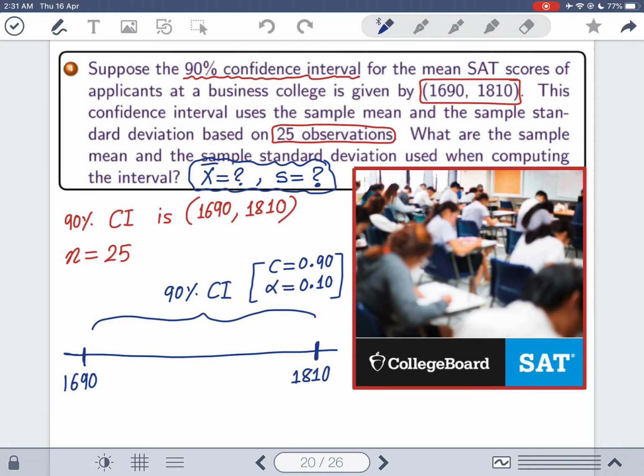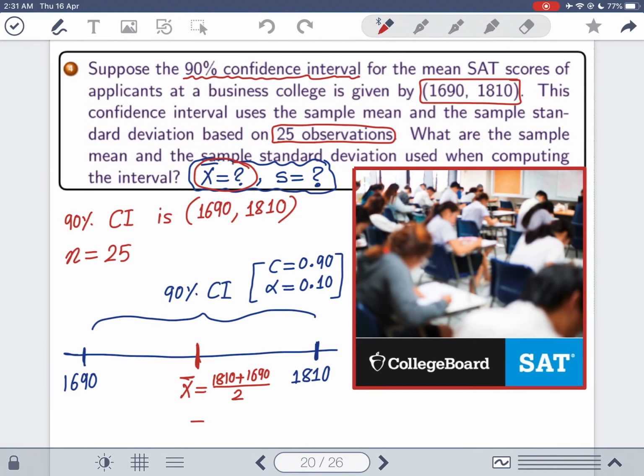Okay, and now remember, they want first the sample mean. Remember, the sample mean is always in the center of the confidence interval. This is X bar. We can compute it quickly. You add the two numbers and divide by 2 because it's the middle between them.